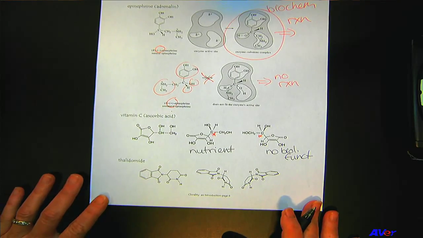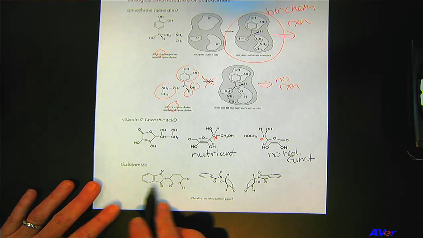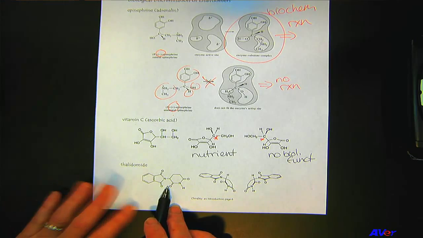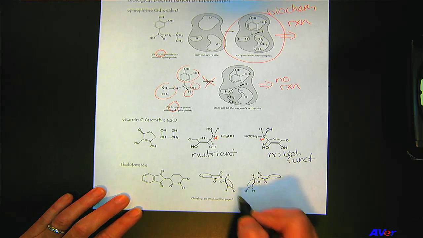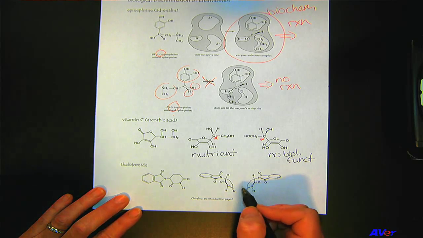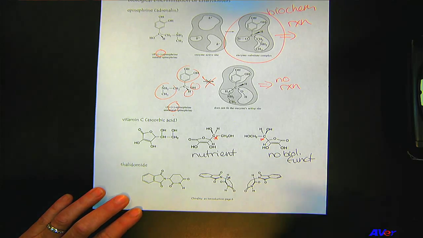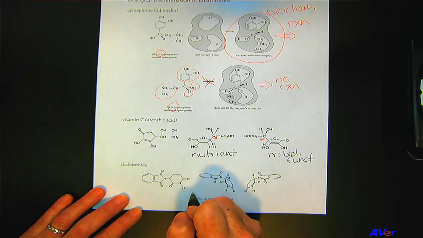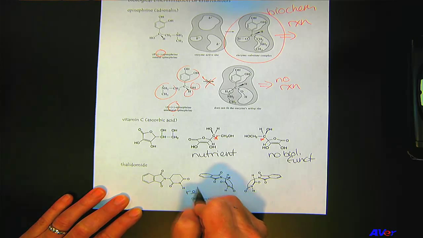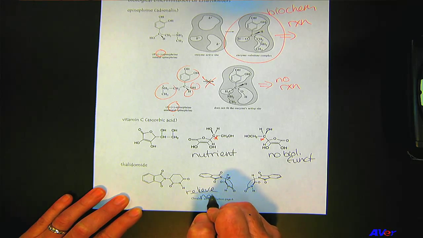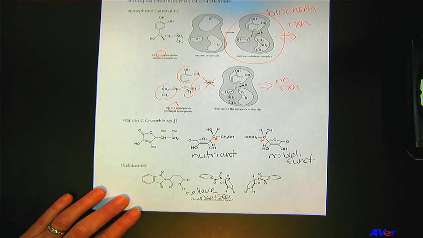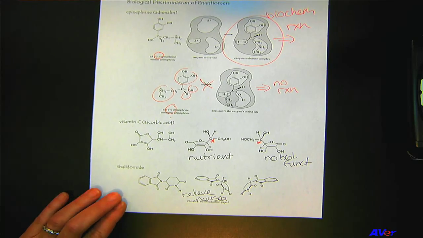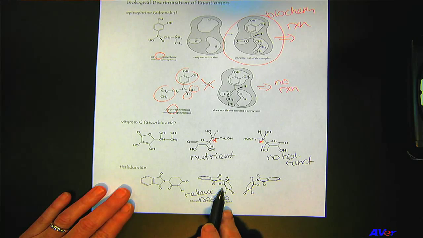And here's another example. Here's thalidomide in the 60s, I think the late 50s, the early 60s. Here's the chiral carbon right there. And this helps relieve nausea. So a lot of women that were pregnant, mostly in Europe, started taking this drug.